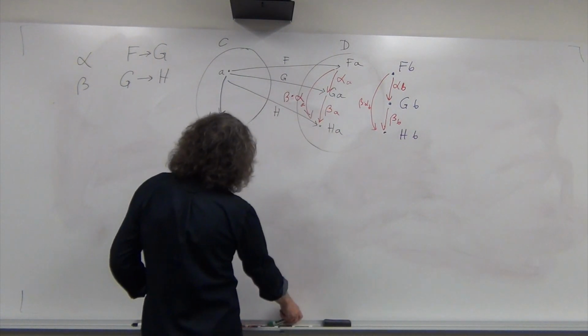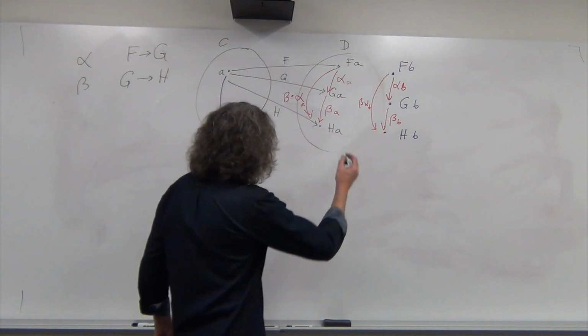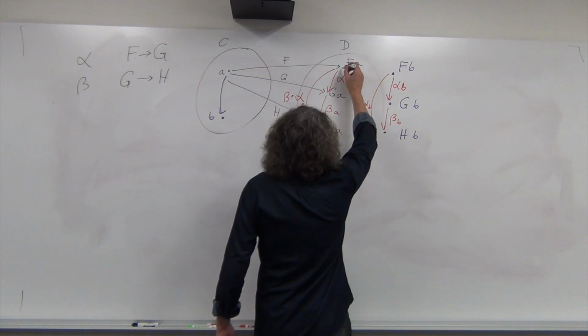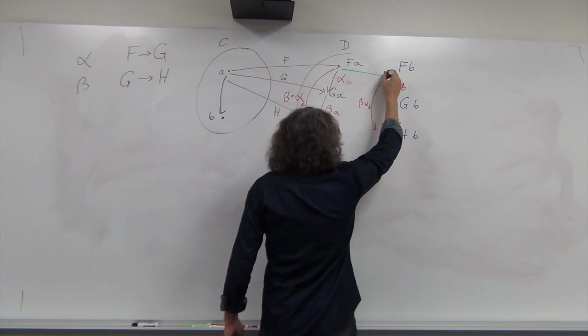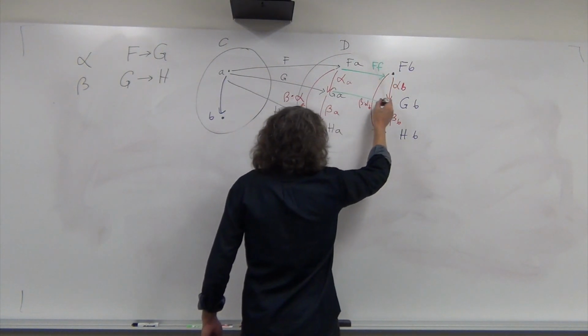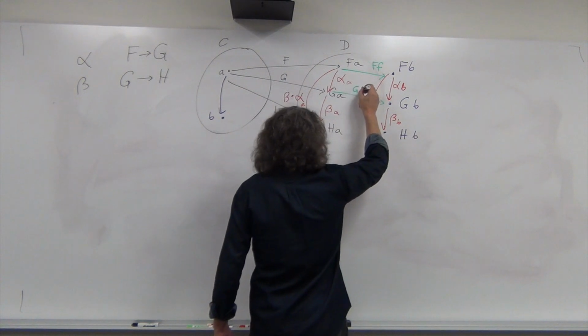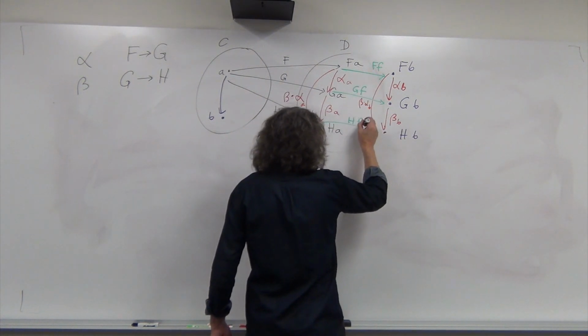And now we have these morphisms that are lifted by the functors. So this is Ff, this is Gf, and this is Hf.